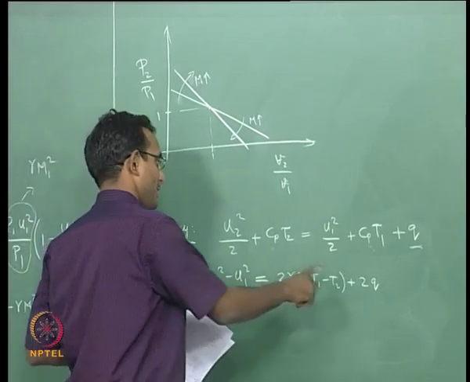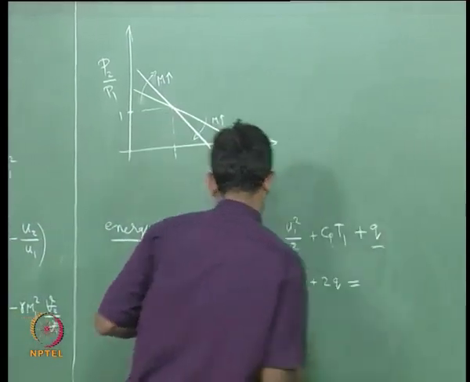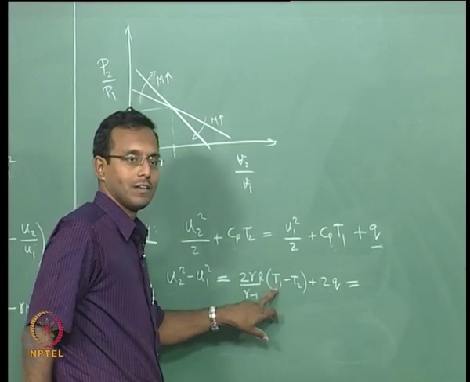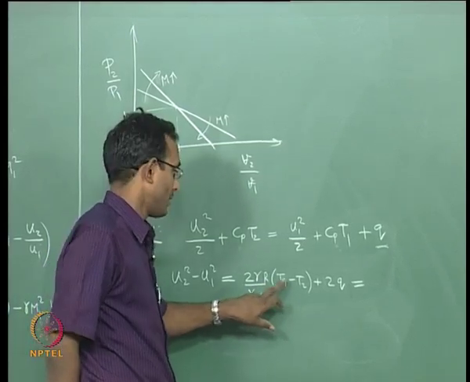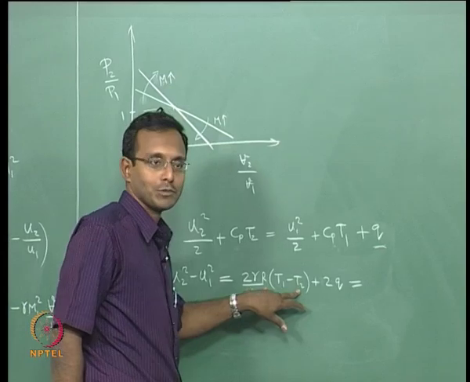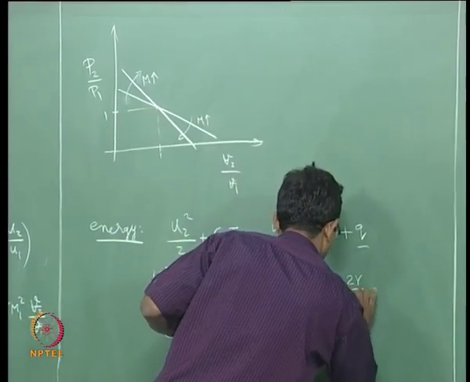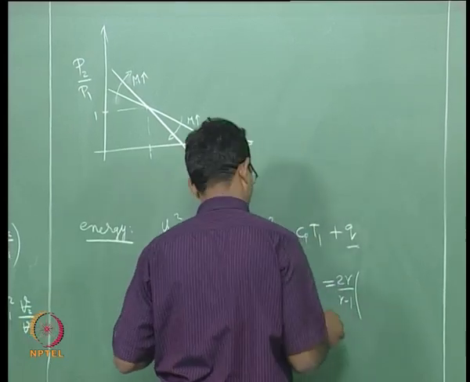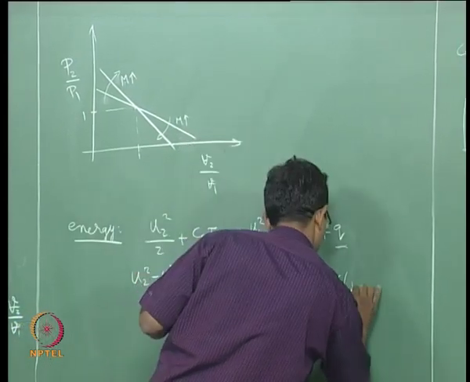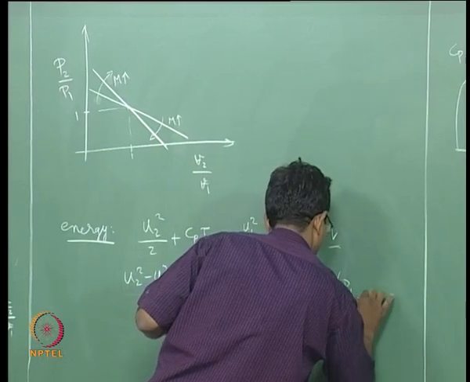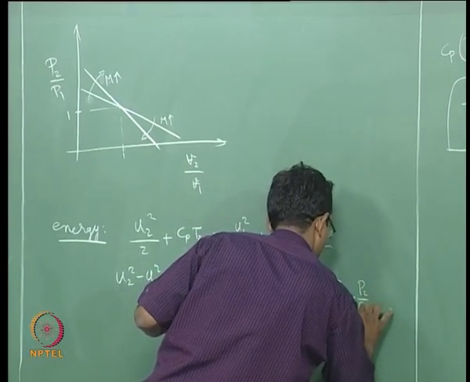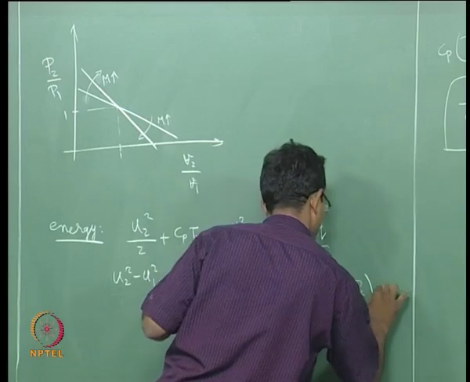Now, of course, this can be rewritten with RT together. RT1 can be written as P1 by rho 1 and RT2 can be written as P2 by rho 2. So, I can write this as 2 gamma by gamma minus 1 times P1 by rho 1 minus P2 by rho 2 plus 2Q.